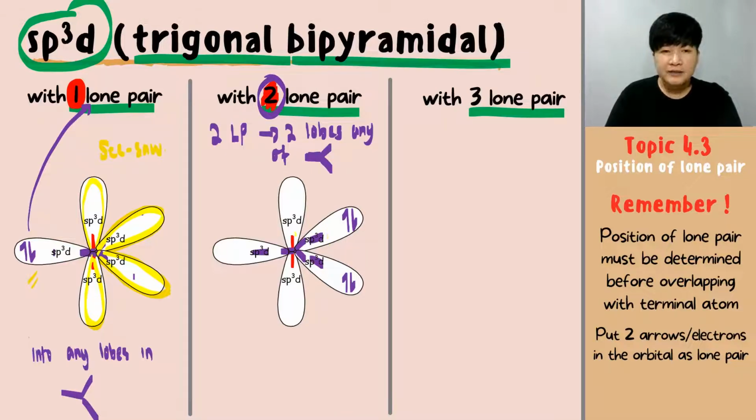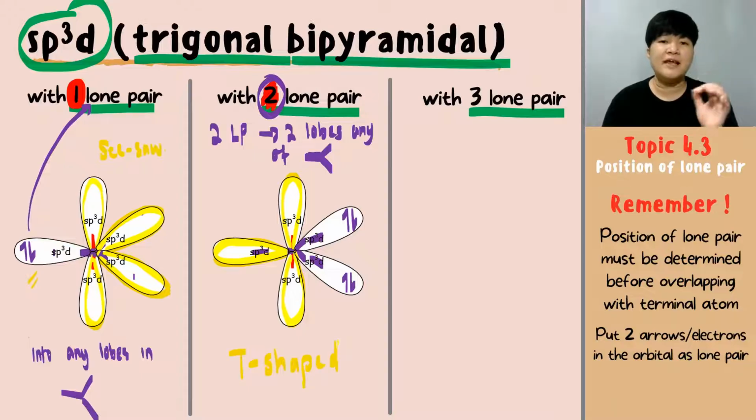Why do I put them in those two? Because after you put the lone pairs there, can you see what geometry is left? The geometry left right now is a T shape. That is the same reason as your VSEPR theory: your lone pairs must be located over here so that we can minimize the electron pair repulsion.